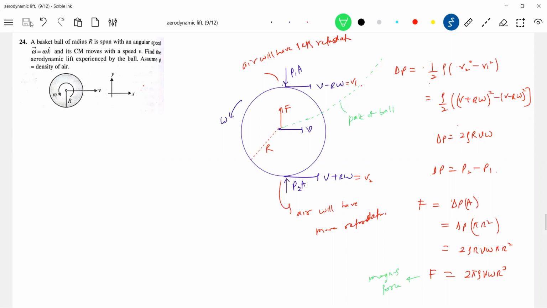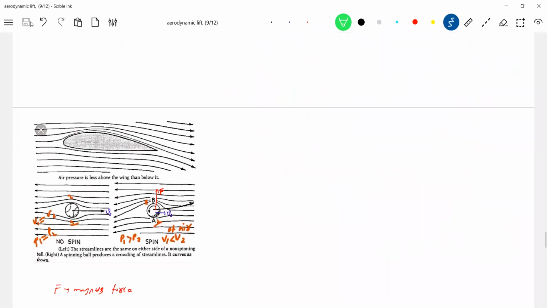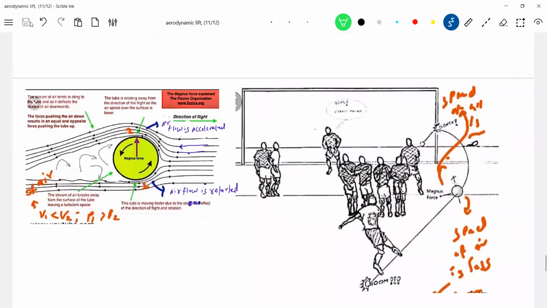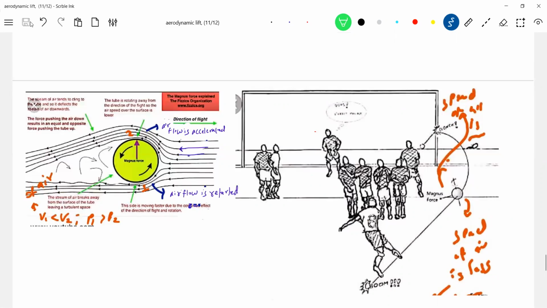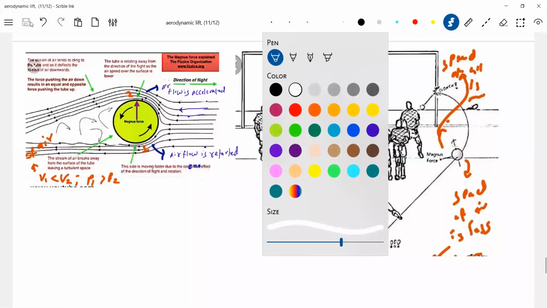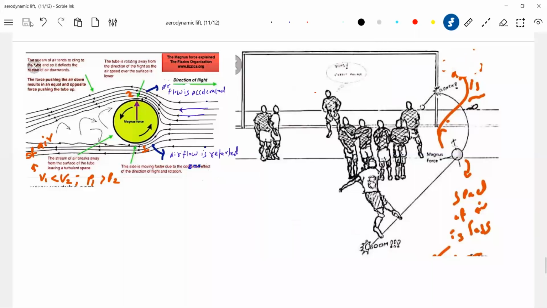Next, I think football. I brought one diagram to explain. There's a very popular player, a skilled player who knows how to use the Magnus effect. Let's see how the Magnus effect is going to help there. So let me erase the data which I wrote.